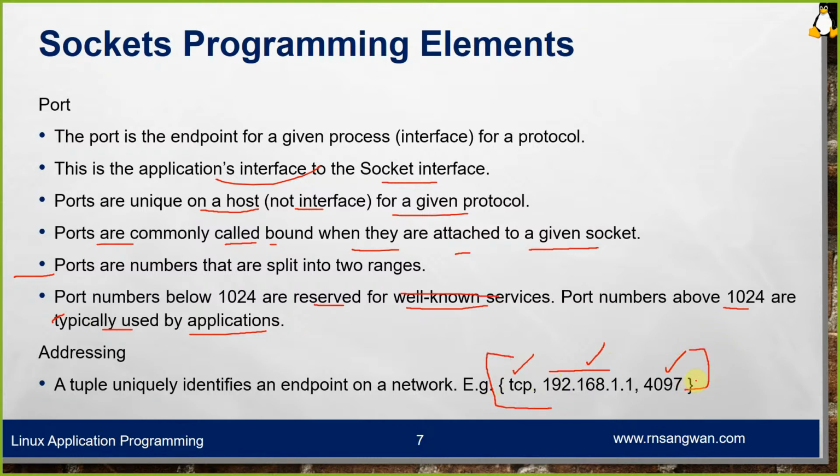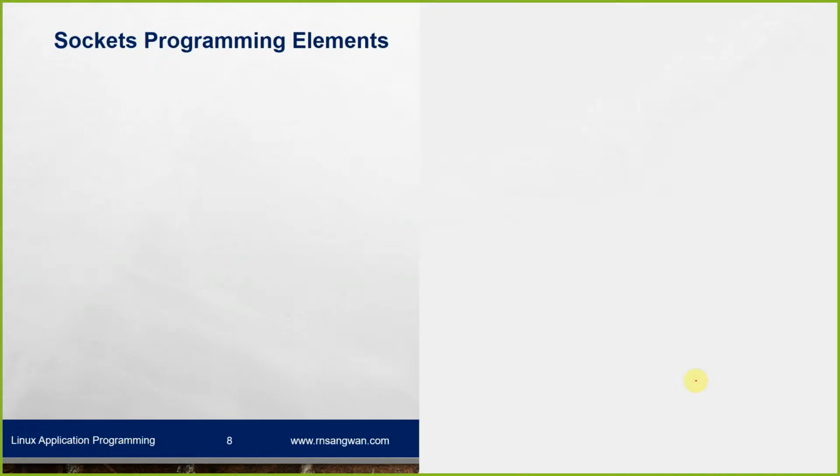That's how we define the endpoint on a network, because an endpoint requires all three important elements: the protocol, the IP address, and the port number. That is how we define the address of a socket. So remember this: in programming we have to refer to these three points, what protocol, what address, and what port number. That has to be part of the network address.